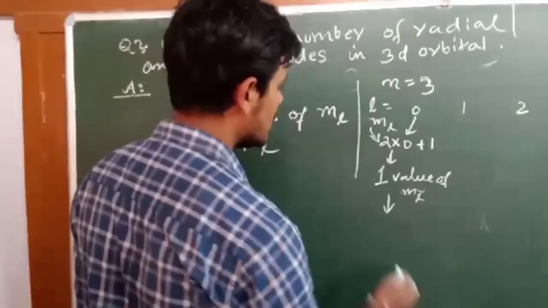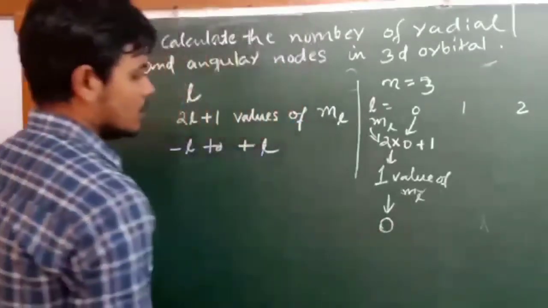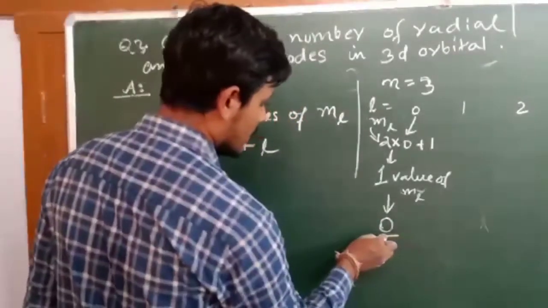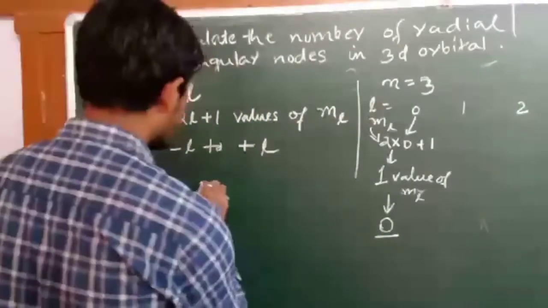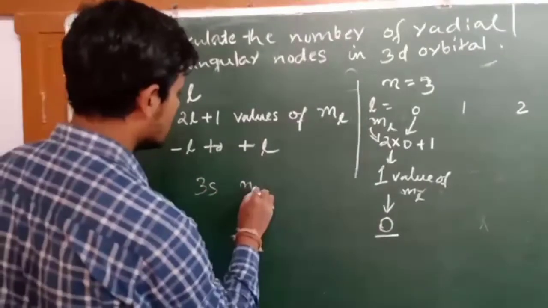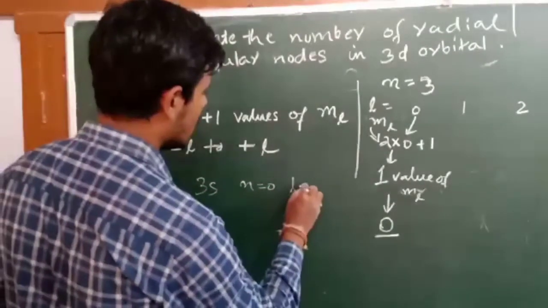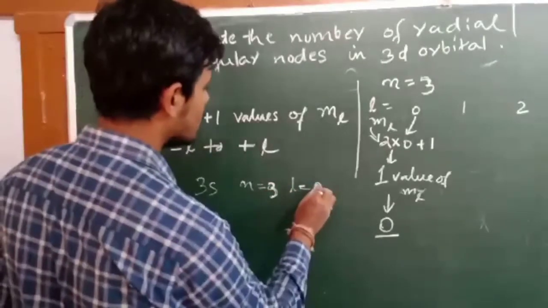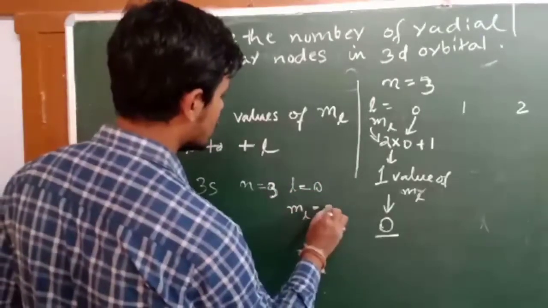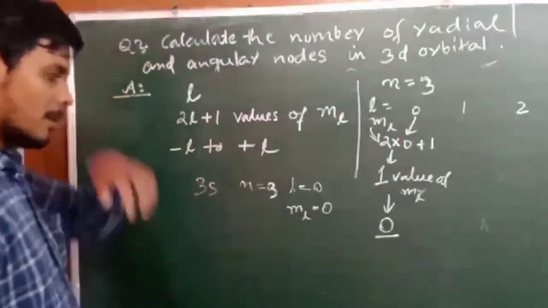So minus 0 to plus 0, that is actually 0. So there will be only one value of ml. That means for 3s, n equals 3, l equals 0, and ml is also equal to 0.